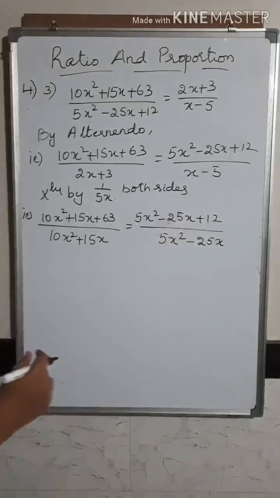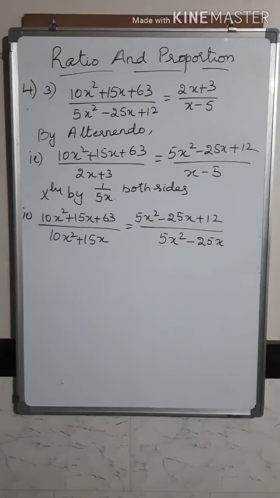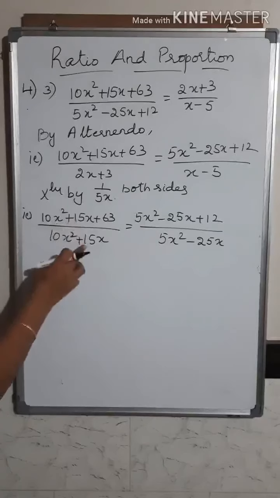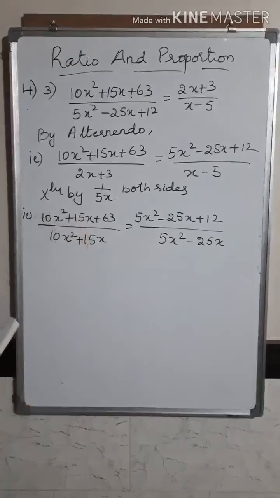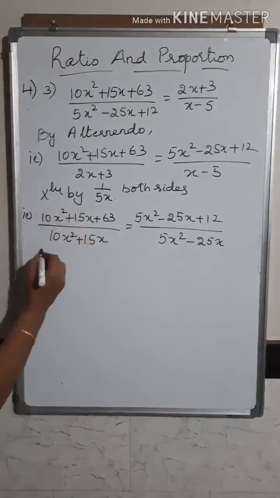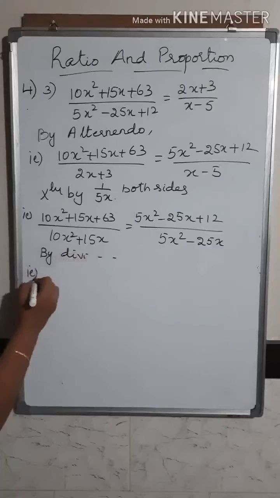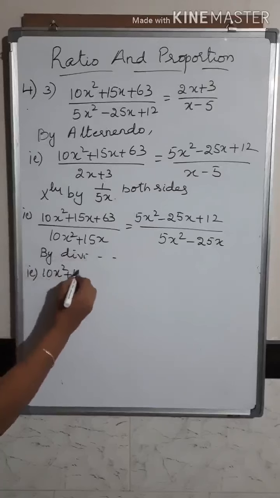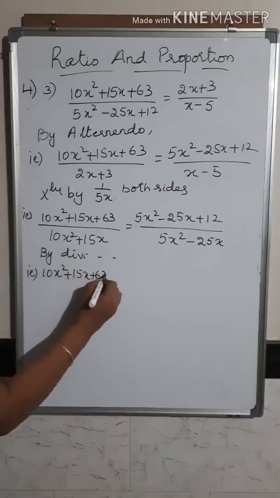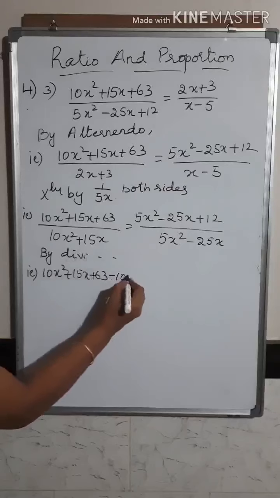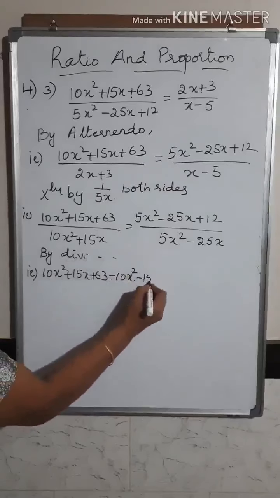Now what you have to do is, you have to see which property, whether it is componendo or dividendo, you have to use here so that you are able to cancel the terms. Now here you have got plus 10x square, plus 10x square plus 15x plus. So same signs means you have to use the property of dividendo. So by dividendo, what is the property of dividendo? You have to subtract it. So you get 10x square plus 15x plus 63 minus 10x square minus 15x.